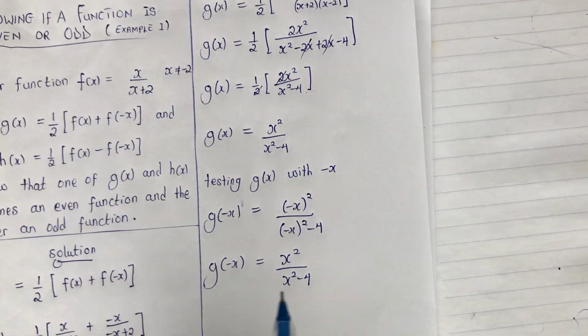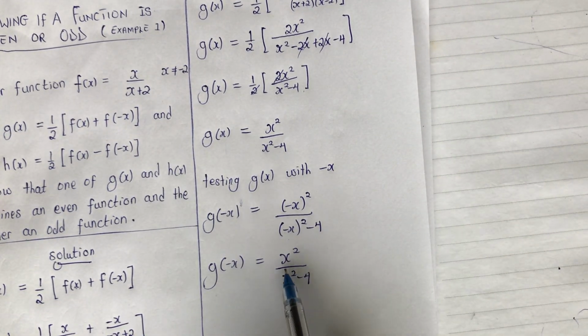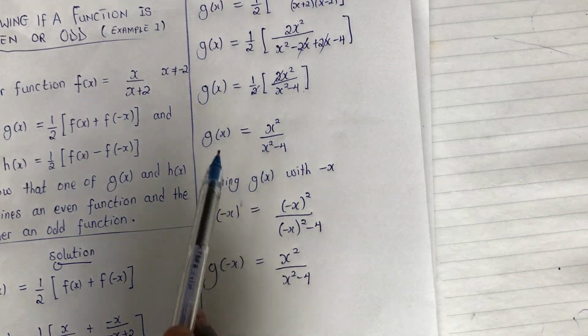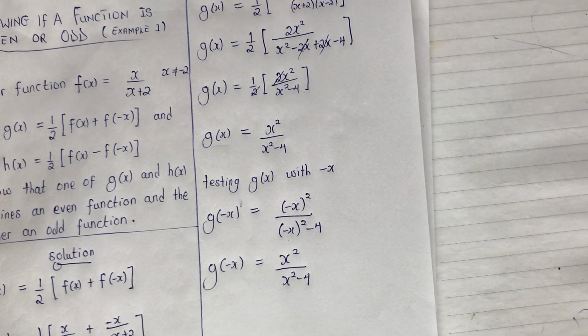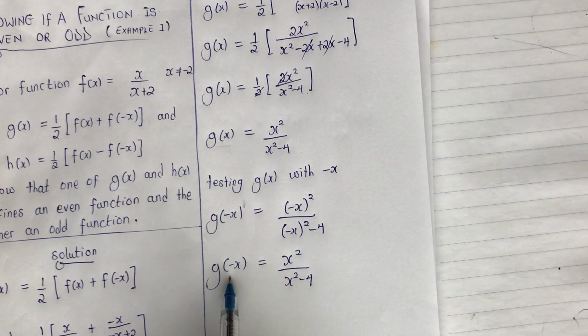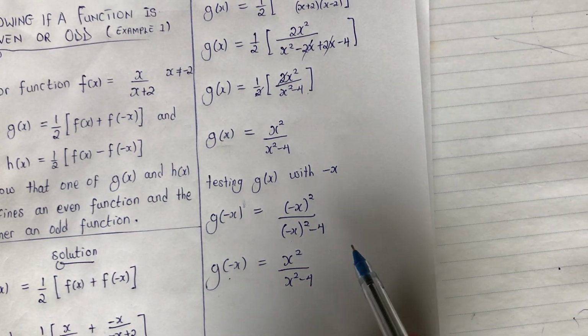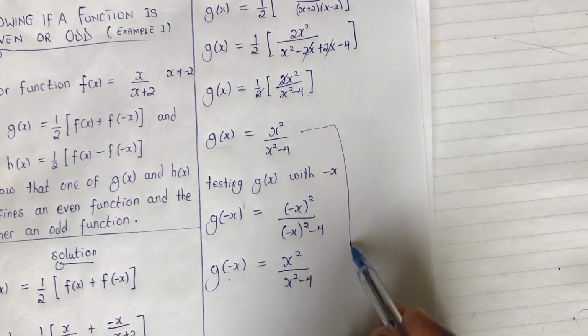So when we look at this, we are generating x squared over x squared minus 4, which is the same as the function g of x. So this means the function is what? An even function. So g of negative x is equal to g of x, because g of negative x generated a result that is the same as this.